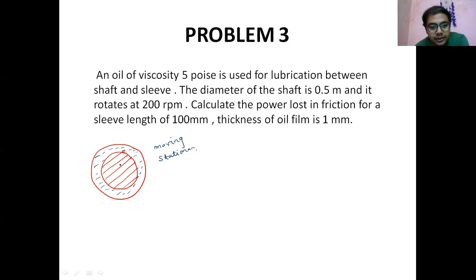And it is moving at what RPM? 200 RPM. The inner part is moving at 200 RPM. This is known as the shaft, and this is the sleeve or bearing.